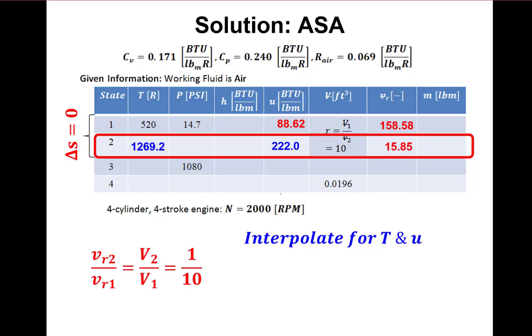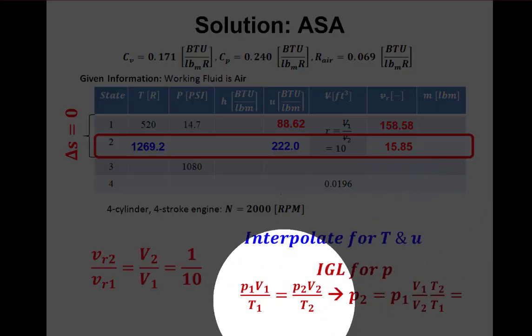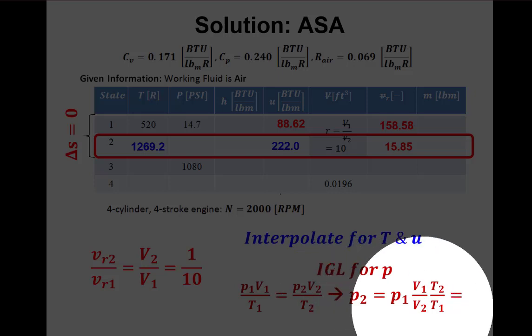Now this next part might seem a little bit tricky as to why you need it, because we're only trying to find U, but we actually do need this. We want to find the pressure at state 2 as well. So here I would use this version of the ideal gas law, because if I set this up, I don't have to care about units.